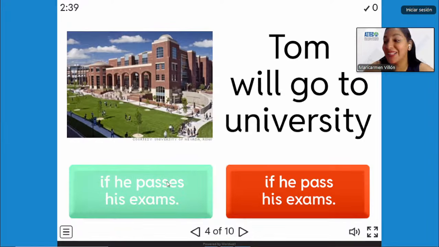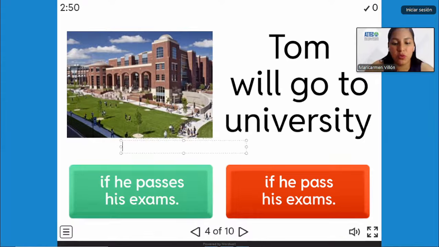Aquí el resultado está primero. Yo me confundí, Miss. A ver, lo vuelvo a repetir, no pasa nada, déjame pausar. ¿Se acuerdan que nosotros dijimos que los condicionales empiezan con if? Bueno, no solamente la condición puede empezar primero, también puede empezar el resultado. ¿Qué decíamos? Que en el primer condicional el resultado es en futuro simple, con el uso de will.